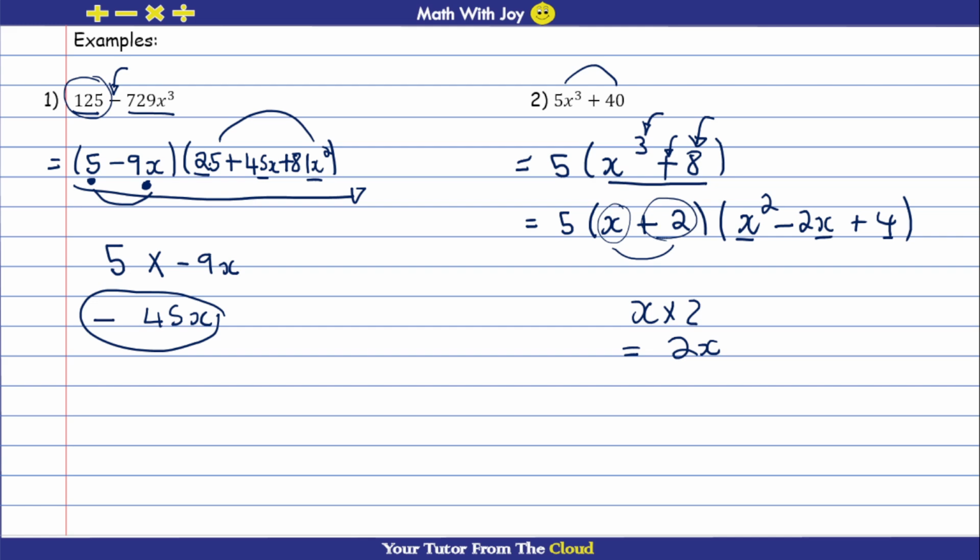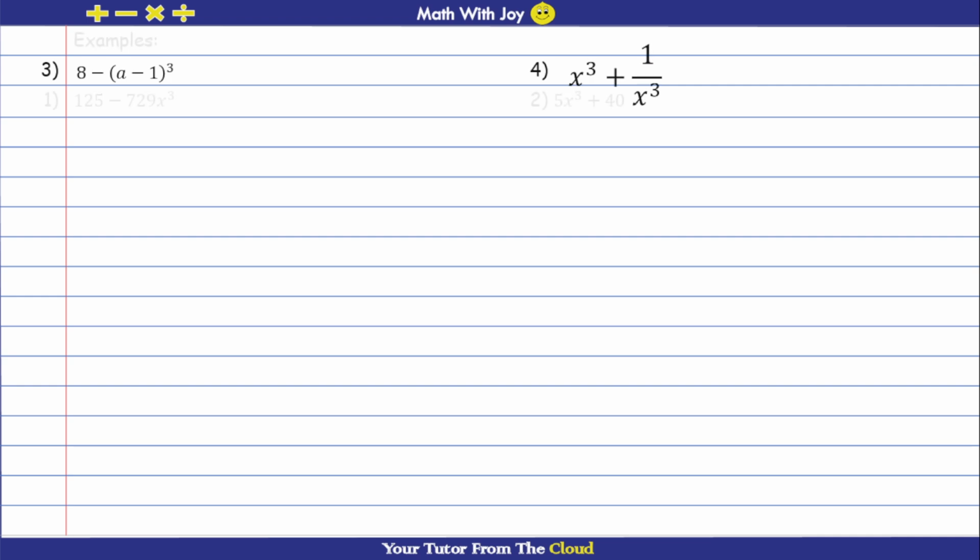If it was positive, now you put negative. If it was negative, you would put positive. Right, and this trinomial cannot be factorized. So this is the end of this factorization.